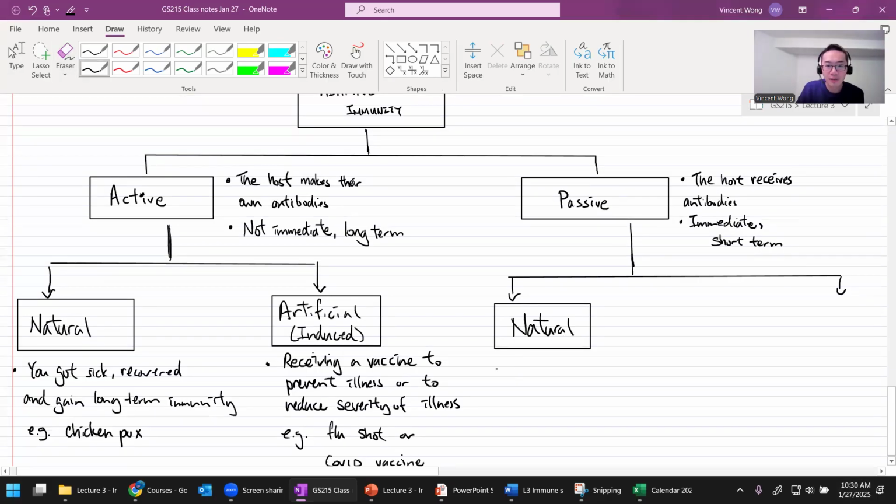So natural passive is mother to child transfer through what? How does the mother give her antibody to the baby? We learned it in lecture two. That's right, the placenta. Okay, through the placenta.